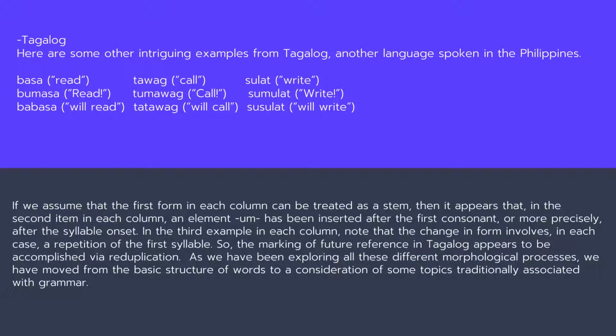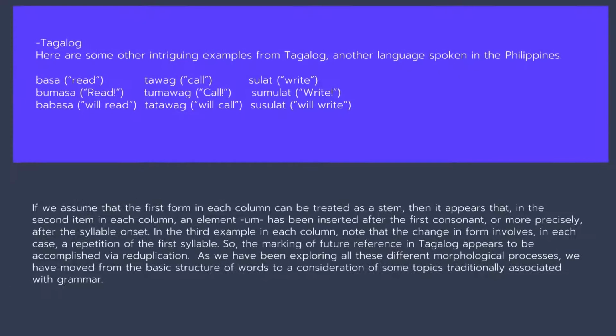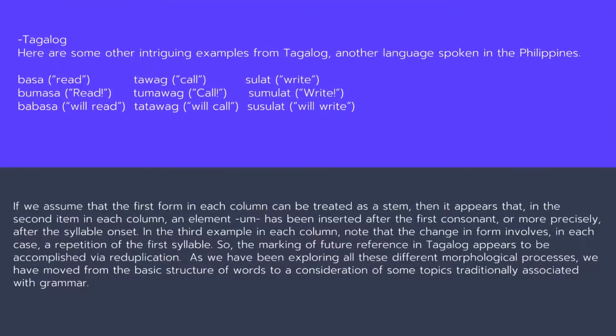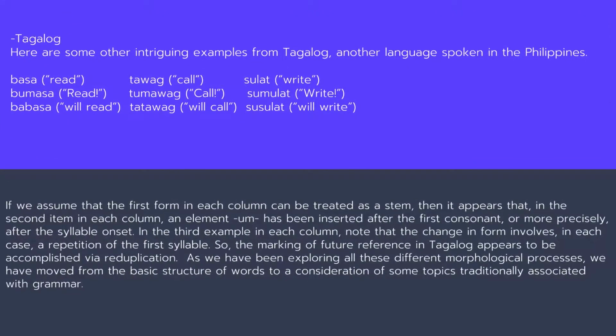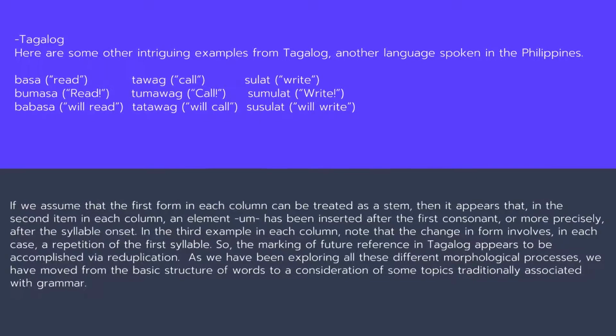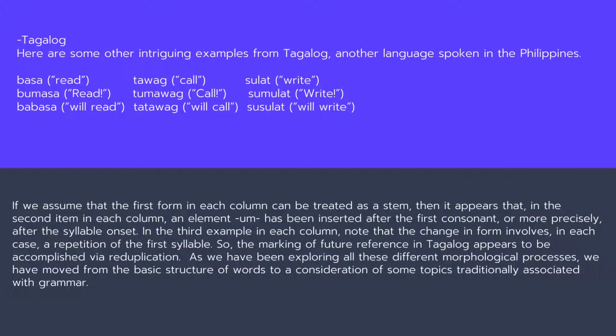If we assume that the first form in each column can be treated as a stem, then it appears that in the second item in each column, an element is inserted after the first consonant, or more precisely, after the syllable onset. In the third example in each column, note that the change in form involves in each case a repetition of the first syllable.